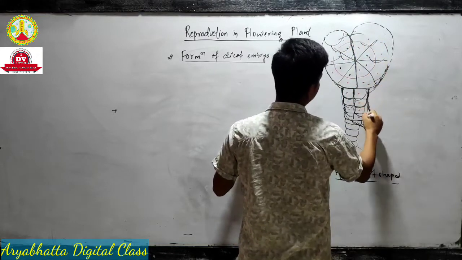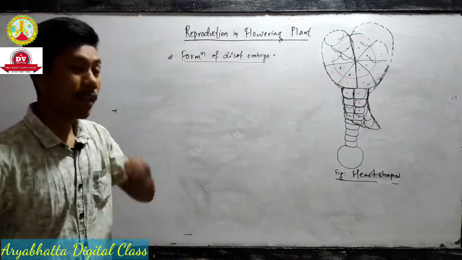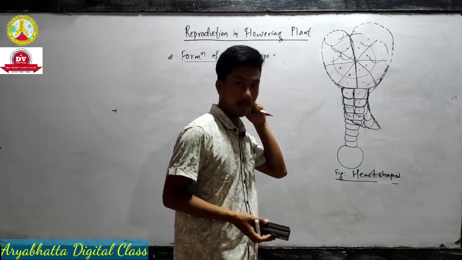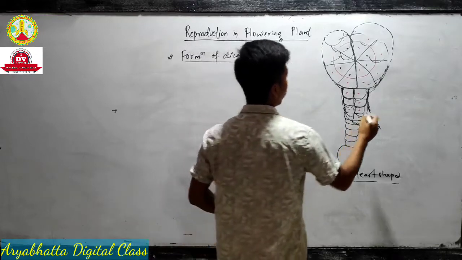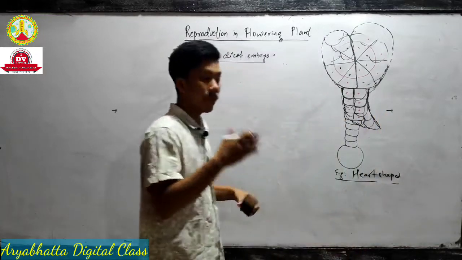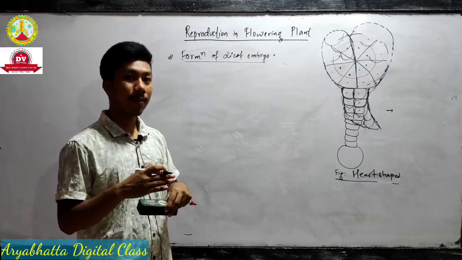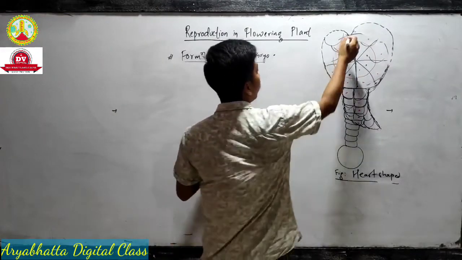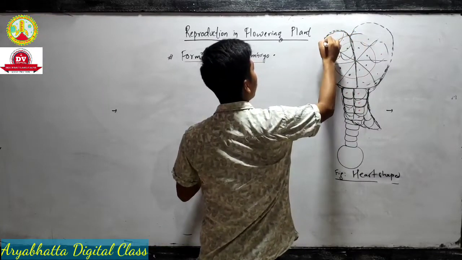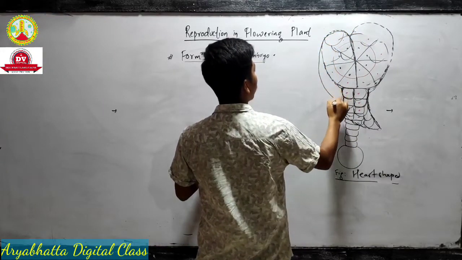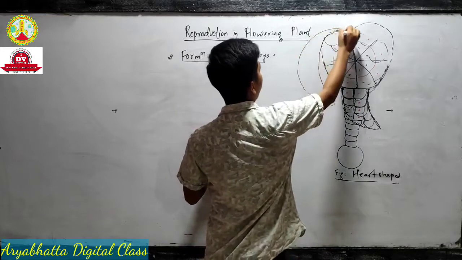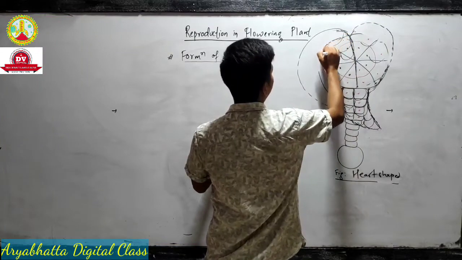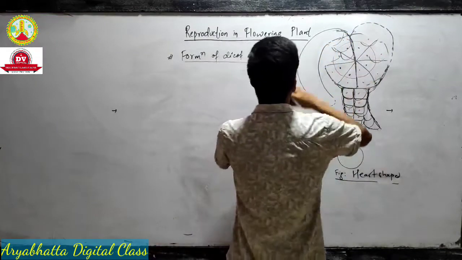The next changes I am showing in a particular diagram only, but you draw a different diagram. Next, what happened? Those structures become so compact inside the embryo sac that they bend down, like this.